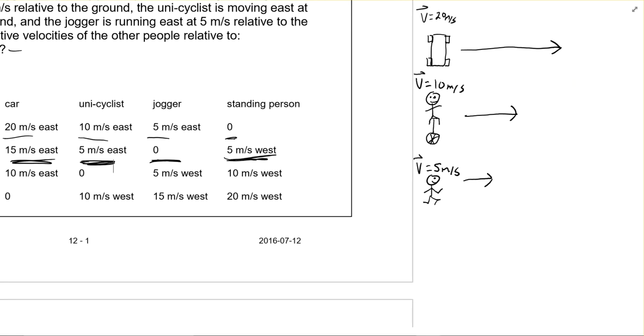If you could think about this jogger and the unicyclist in outer space, so you couldn't see anything but the two of them, from the perspective of the jogger, it looks like he's just moving backwards at 5 meters per second now, right? I can't tell if the unicyclist is moving away from me or whether I'm moving away from him. And if we're calling the unicyclist 0, then I'm moving away from him at 5 meters per second.